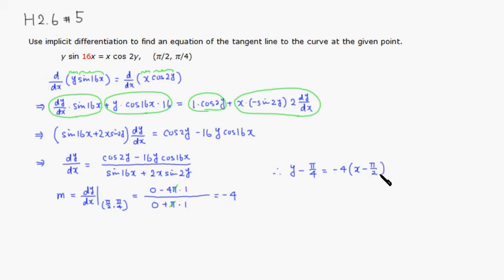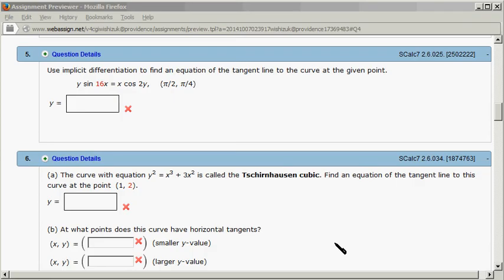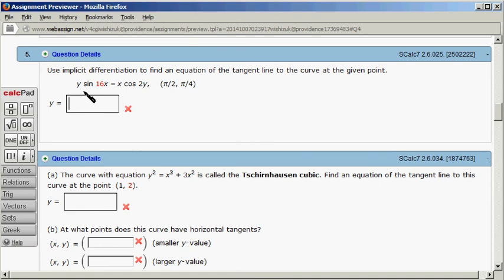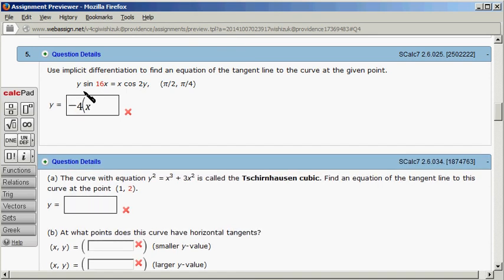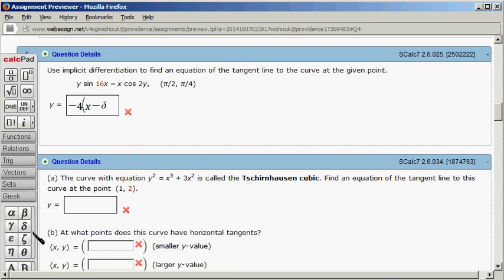All right, so let's type it in. The slope was negative 4, times the quantity x minus pi. Let's see, we have to find the Greek letter pi, oops, I need pi.